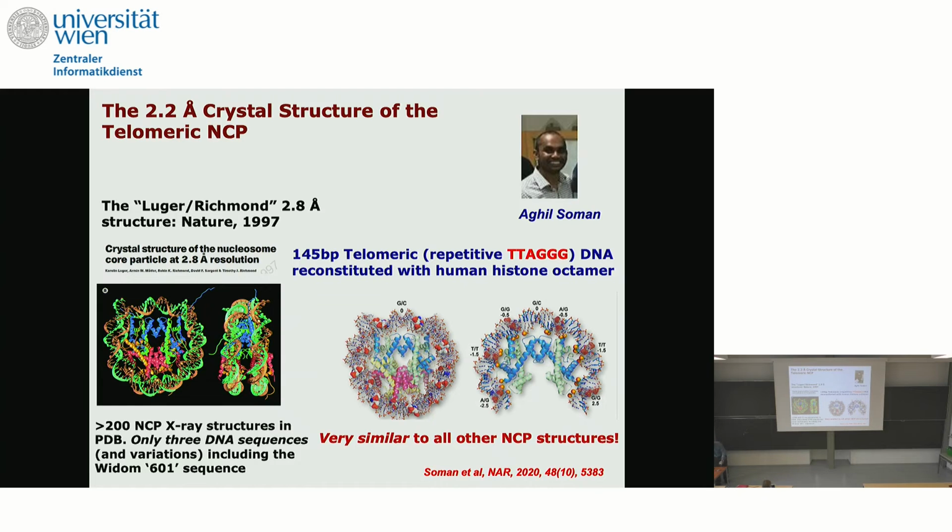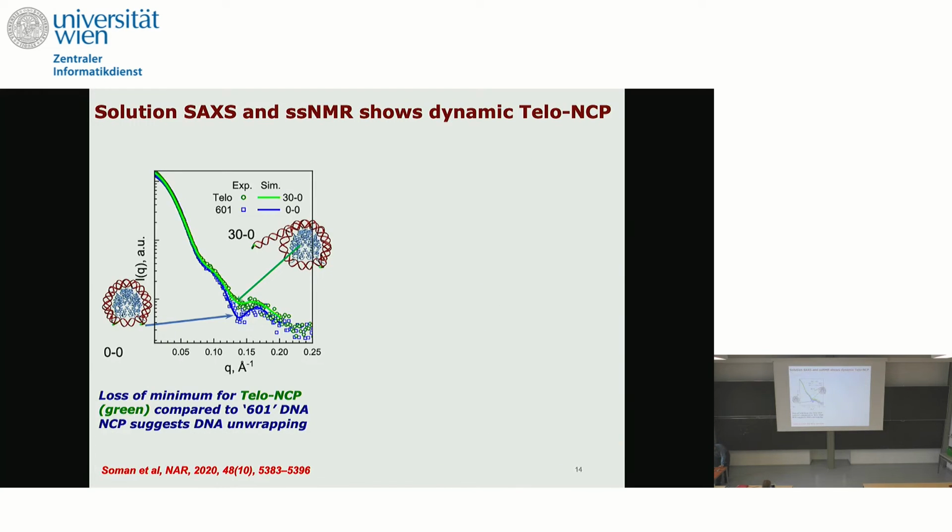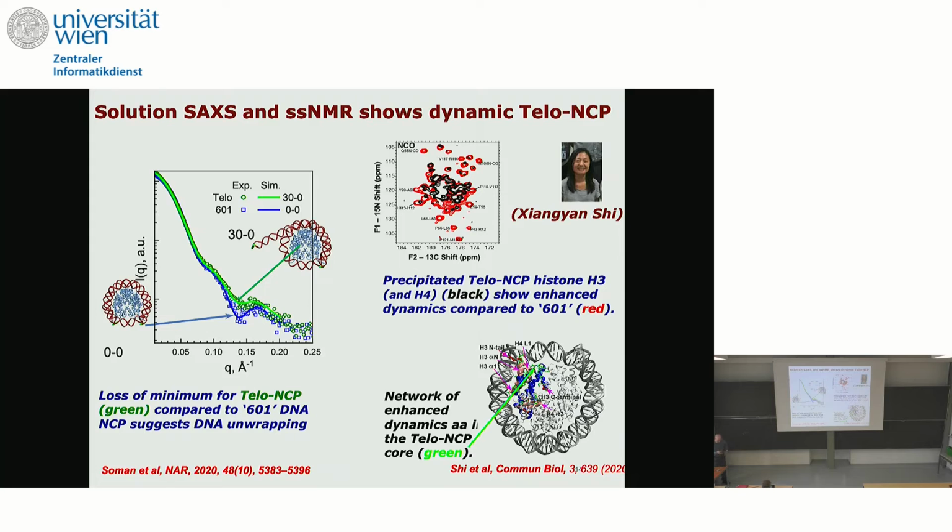But when we looked at the properties of the telomeric nucleosome in solution, it turns out that it is significantly more mobile. This is shown by solution SAXS data, as well as NMR data, which she did; she was a postdoc with me at that time. She is now an associate professor.